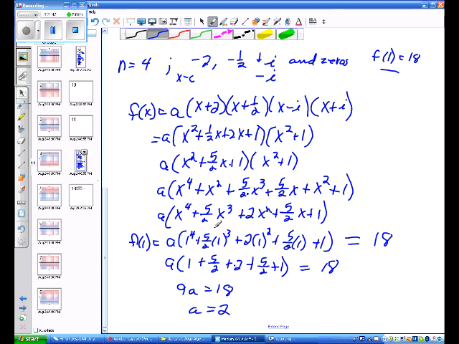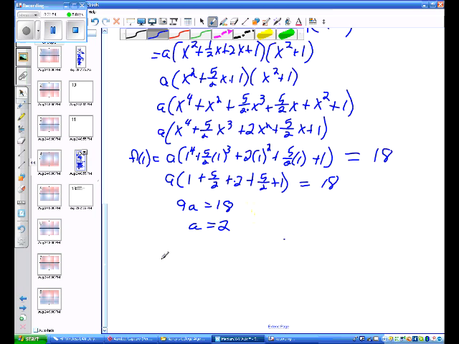Now we can go back to the equation that we found, and now we know what a is. If we write it in that form, a is 2, and our equation was x to the fourth plus 5 halves x cubed plus 2x squared plus 5 halves x plus 1.